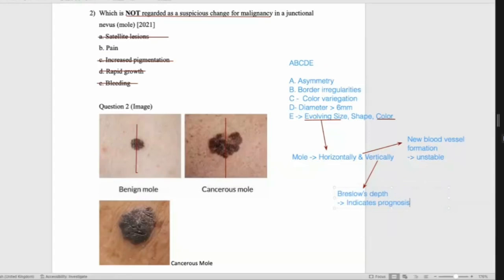So they can give you a question on MBBS that says something like, which of the following is a good indicator for prognosis for a patient with a mole? And they can say something like color change, diameter, asymmetry, or they can say depth, right? So always remember it's the depth that they want as the indicator for whether it's a bad prognosis or a good one. That's high yield. Make sure you remember it. And make sure you remember the criteria as I mentioned here.